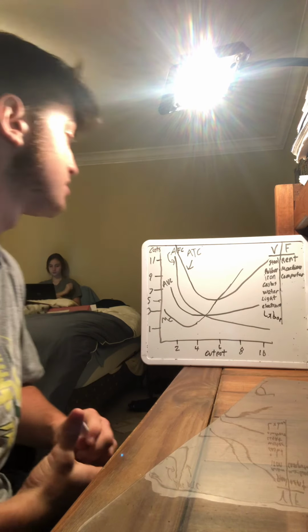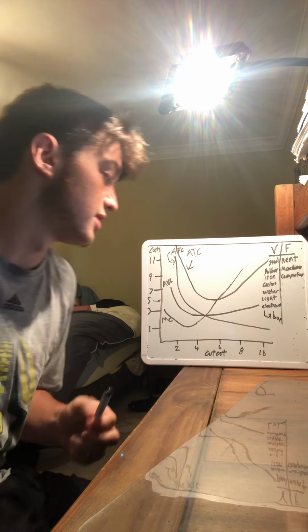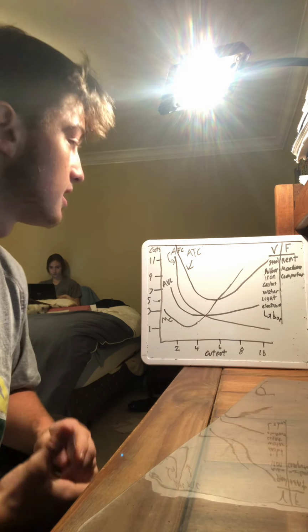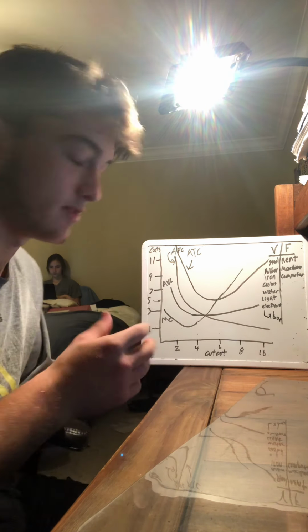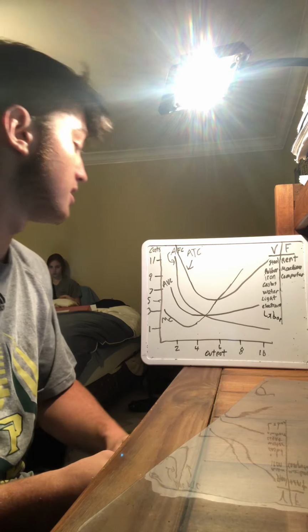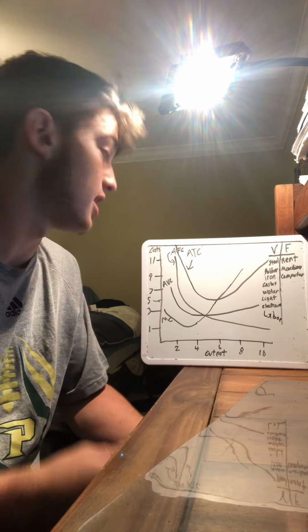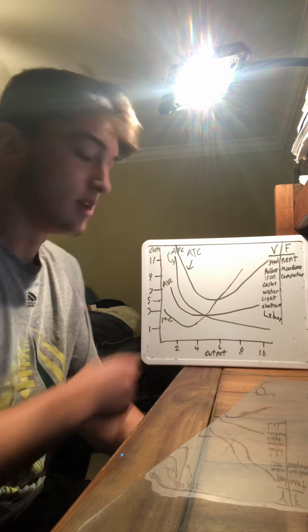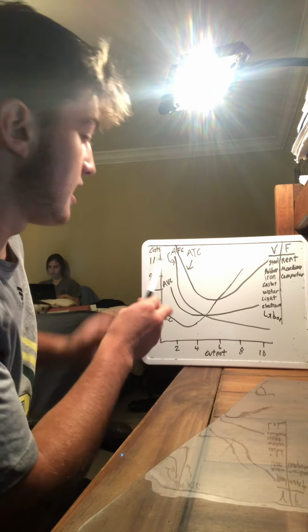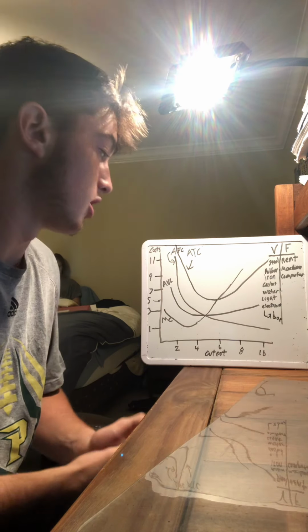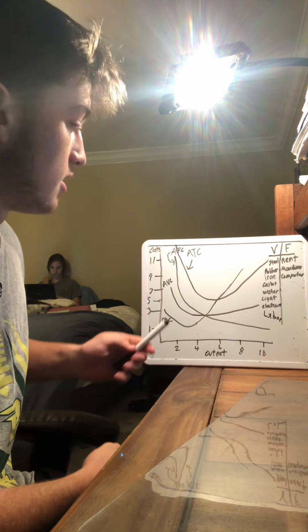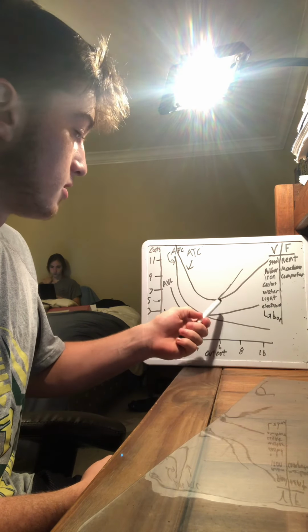It is in a U shape because at first, since it's the sum of both, it takes on the shape of the average fixed cost, which means there is a high set price over a low output. As time goes by, the average fixed cost becomes less relevant because there are so many outputs, so many golf clubs being made, that's when it reaches this low point.